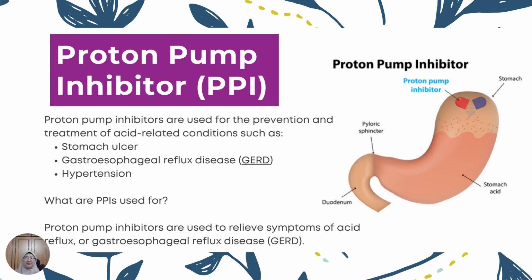Actually there are more than this, but I take three main ones. So what are PPIs used for? Proton pump inhibitors are used to relieve symptoms of acid reflux or gastroesophageal reflux disease, GERD. This is the picture where you can see how the PPI reacts in our body.